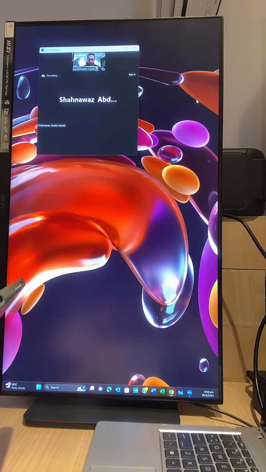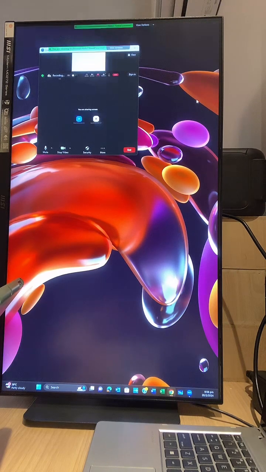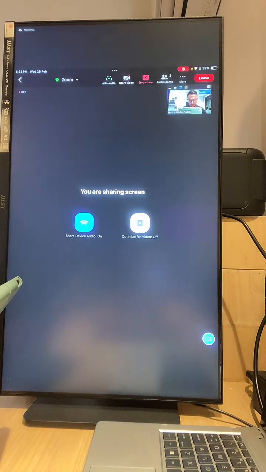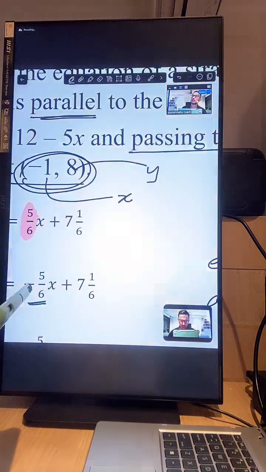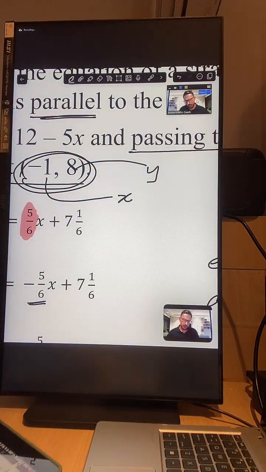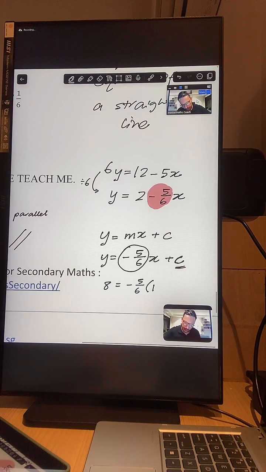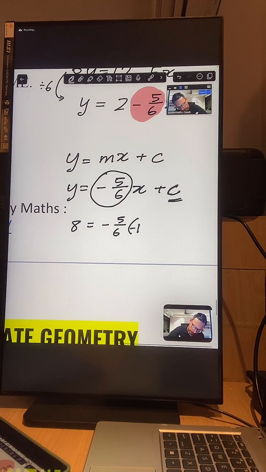Let me reshare my screen. Okay, here we go. So x is negative 1, not 1, negative 1. Plus c. Don't forget your plus c.